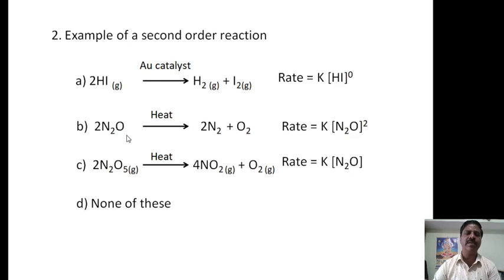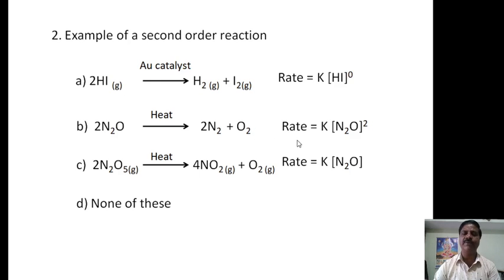Option B is two molecules of nitrous oxide undergoing heating to form two molecules of nitrogen gas and one molecule of oxygen gas.